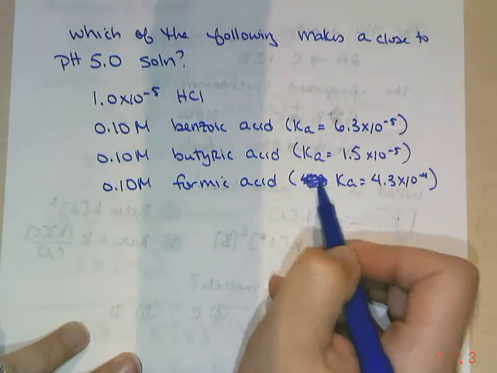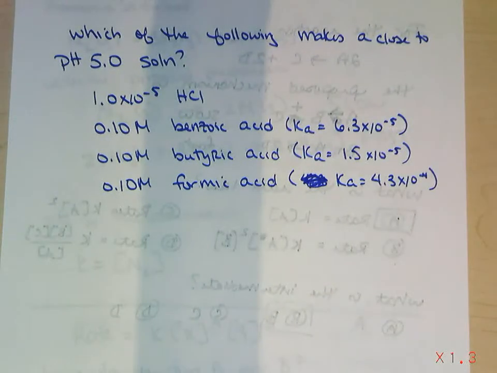Why does HCl not have a Ka associated with it? Strong acid completely dissociates, right? It can't possibly have a Ka, because what does Ka tell me? It's dissociation, how much it makes in solution.